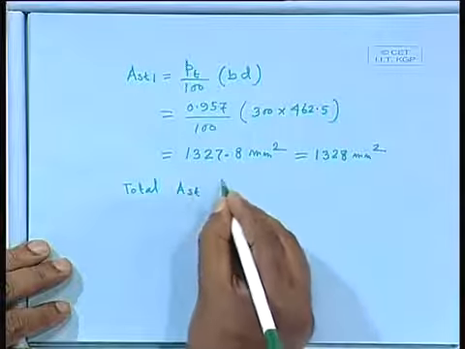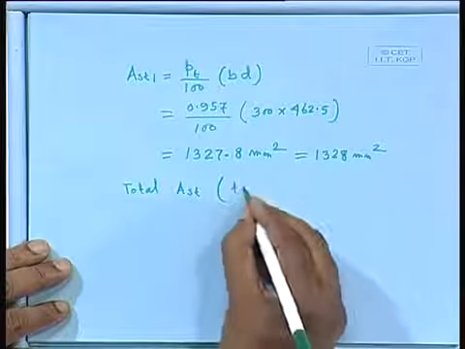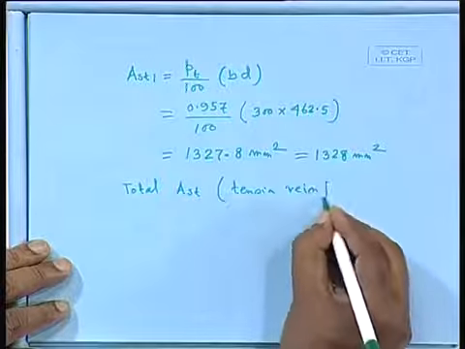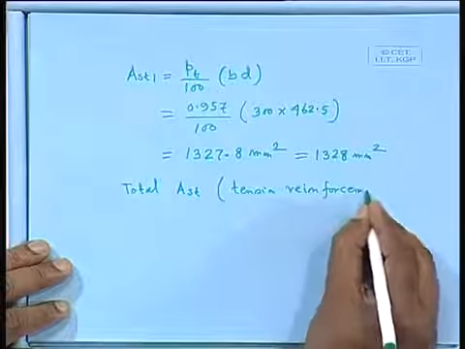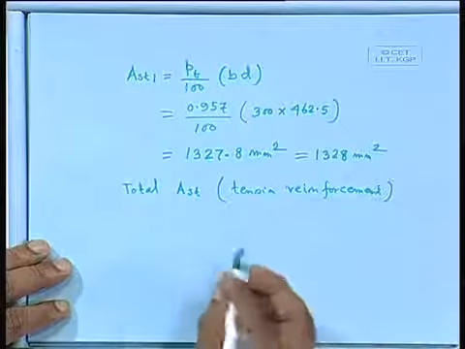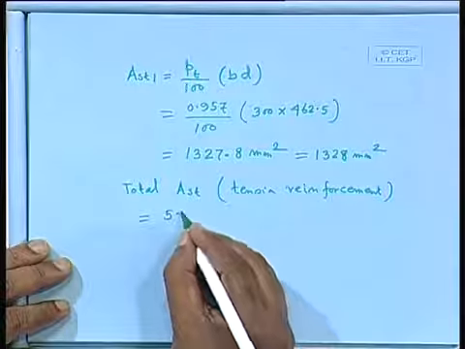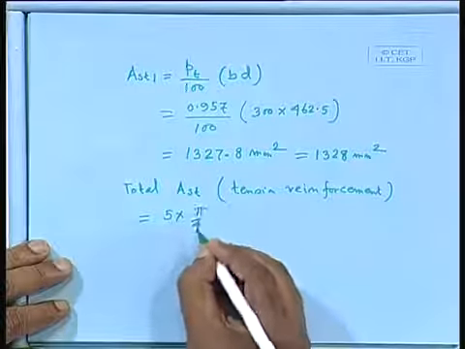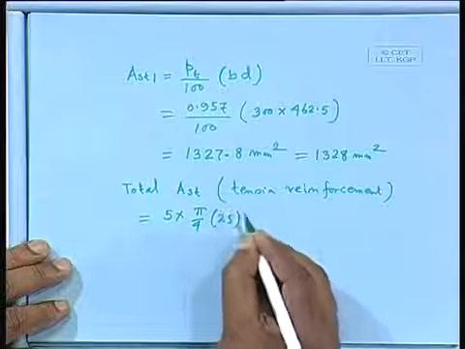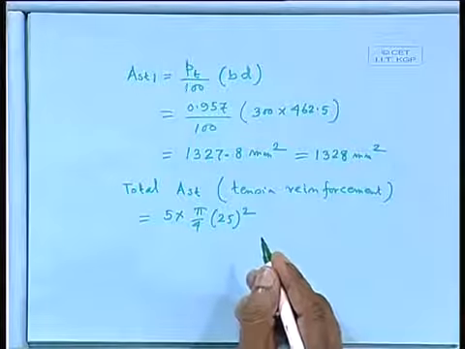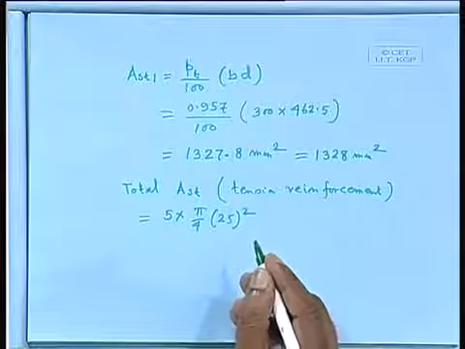Ast, that means tension reinforcement, equal to 5, I think I can write down.